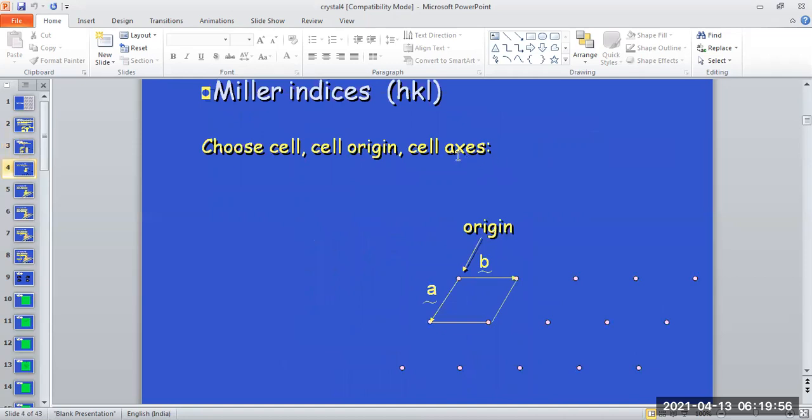How the Miller indices are designated, and how we can find them geometrically. First of all, what is the need of studying the crystal planes and Miller indices?